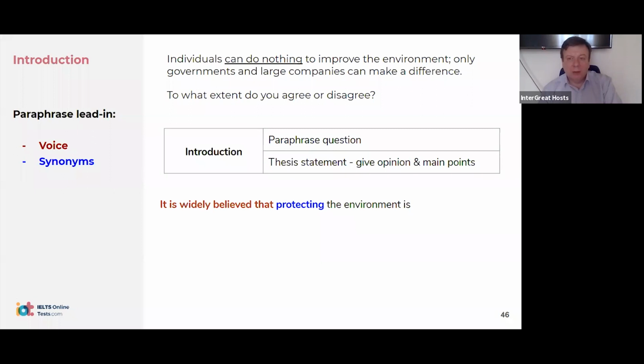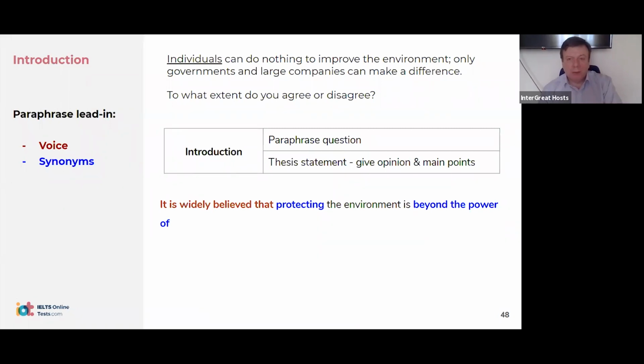Yeah, good. Beyond the power of, yeah. So some of you got similar phrases there. Individuals.